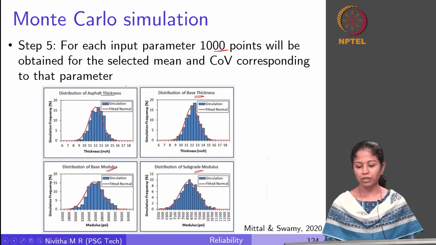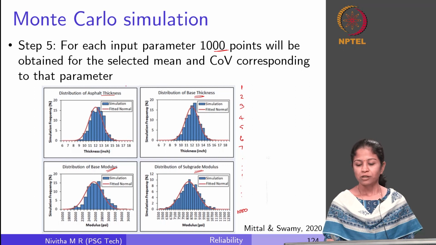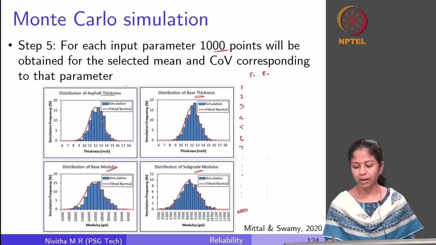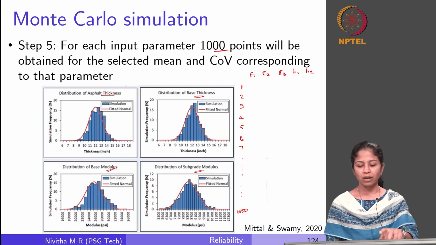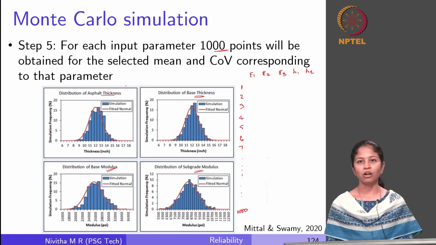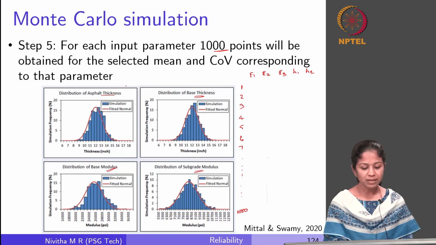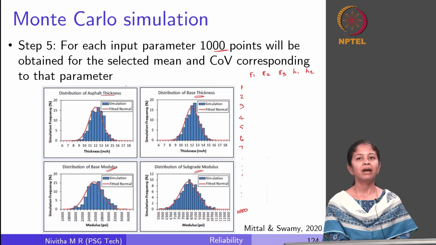So, I said we have 1000 points. So, I will now be having 1000 combinations like this. Okay. So, my input parameters are E1, E2, E3, H1, H2. These are my input parameters. So, in the 1000 points which are generated, again these 1000 points will not be in an order, that is, maybe this leftmost point will not be the first point, they will be in a random manner, but when I plot it, I will get a frequency distribution like this.